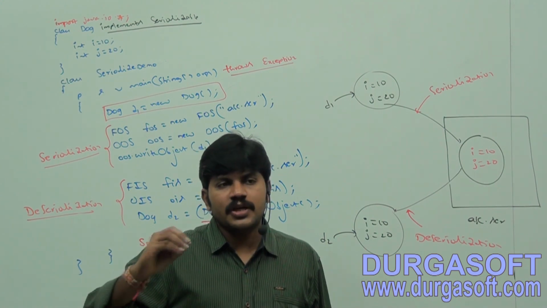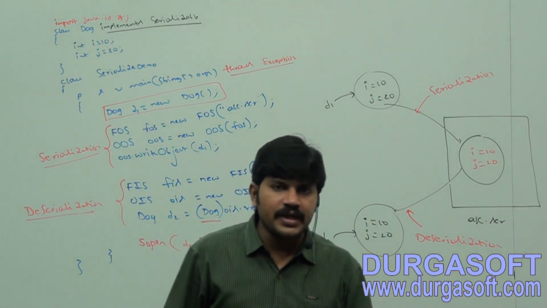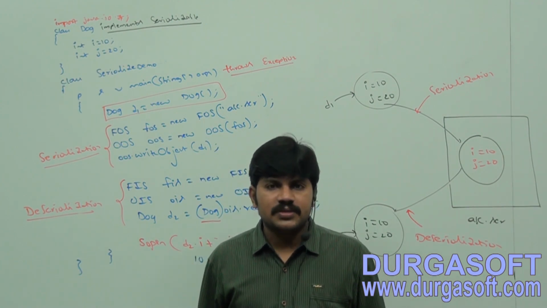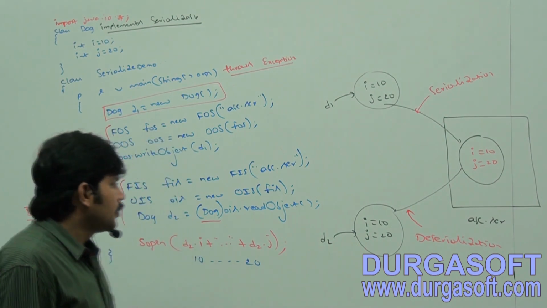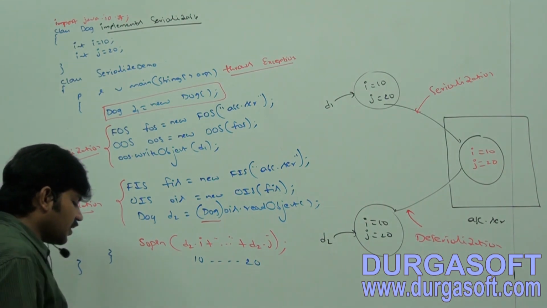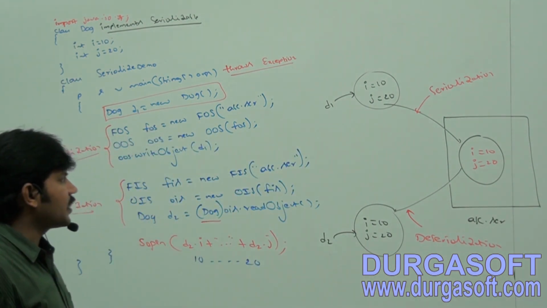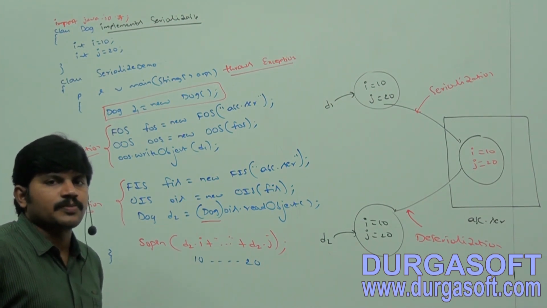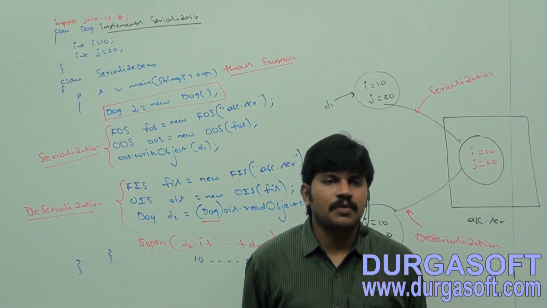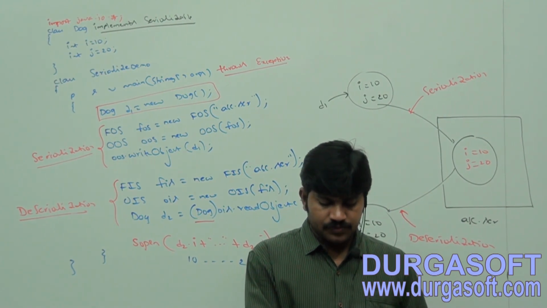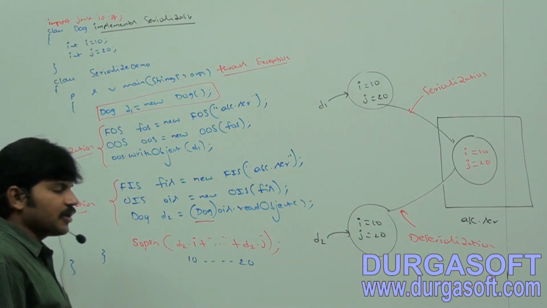Next, an object is said to be serializable if and only if the corresponding class implements the Serializable interface.